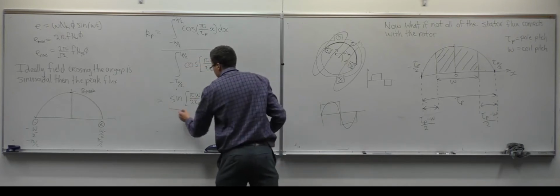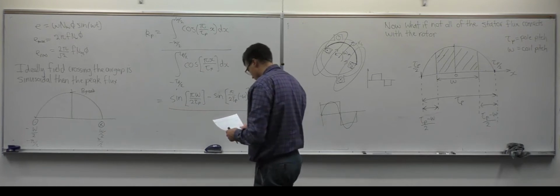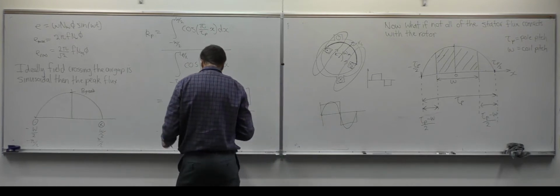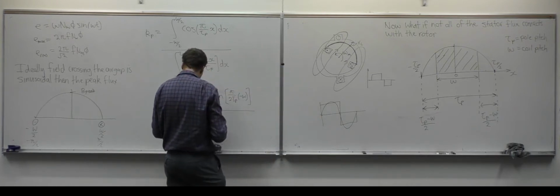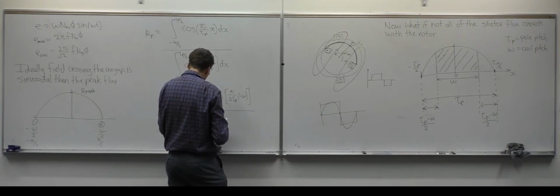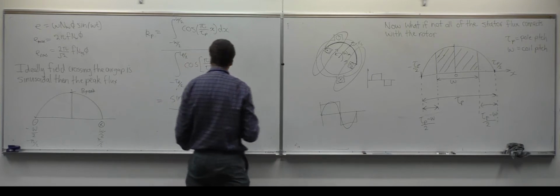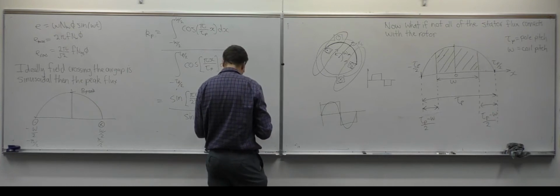And then on the denominator, you're going to have sine pi over 2 minus sine minus pi over 2.